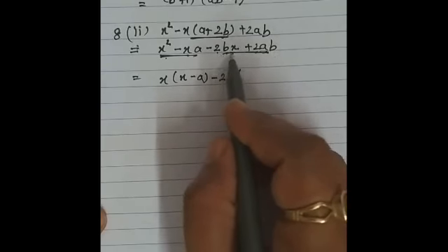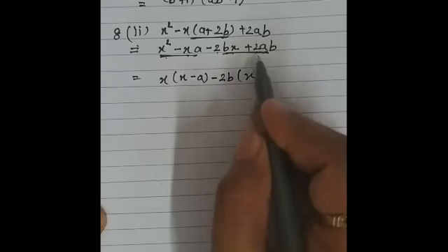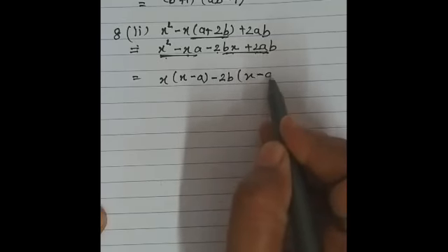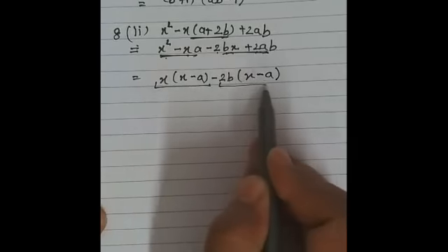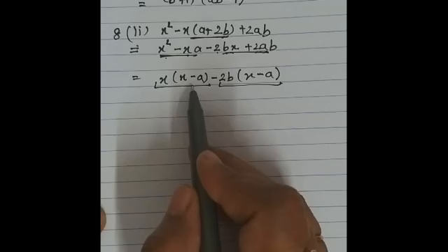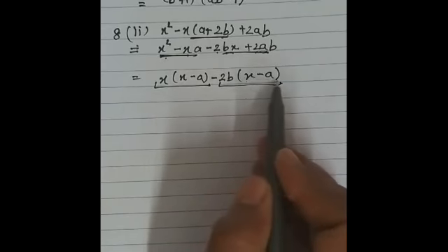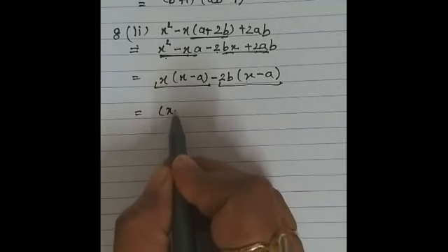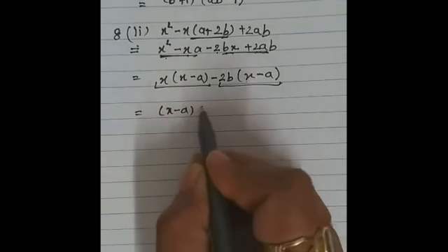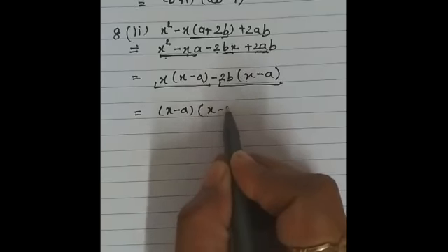What is left in this one? x, and here I am left with minus a. Now in these 2 terms what you can see common is x minus a. So our step will be taking x minus a as common and writing the remaining as it is.